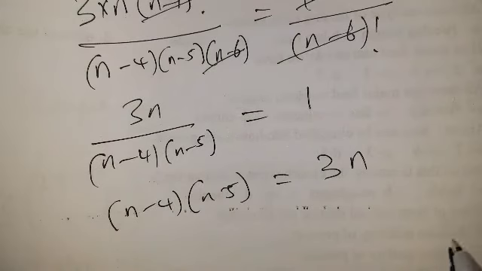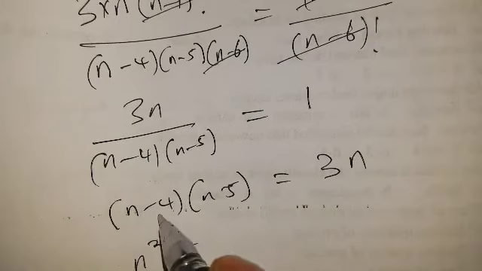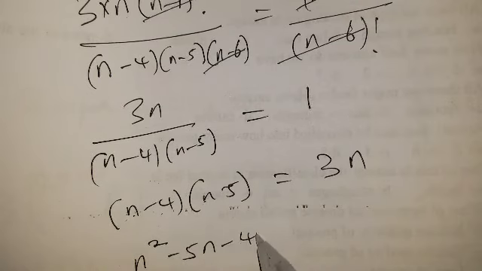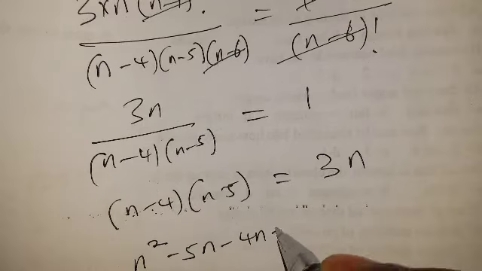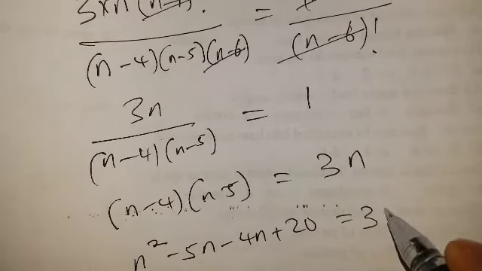Then you expand this: we have n squared minus 5n minus 4n, minus times minus is plus, 4 times 5 is 20, which is equal to 3n.